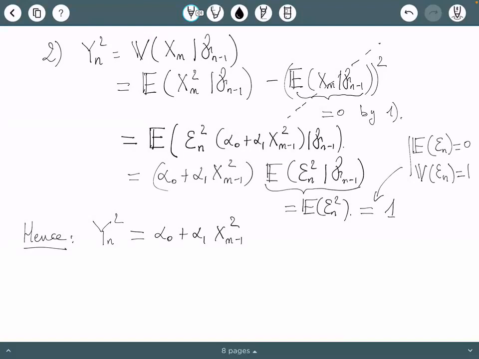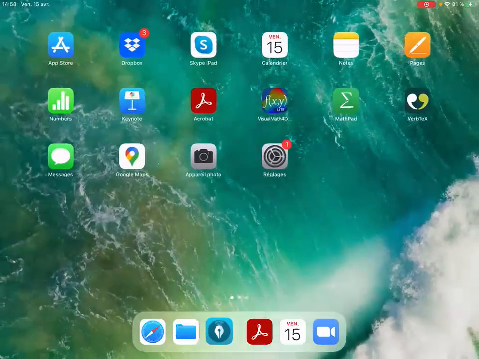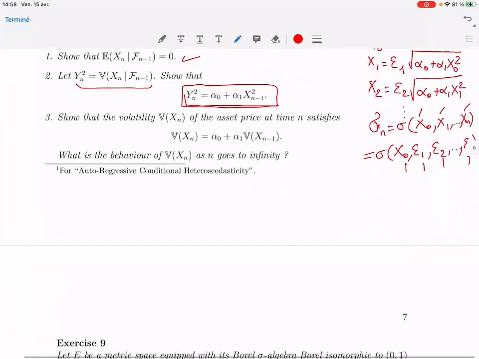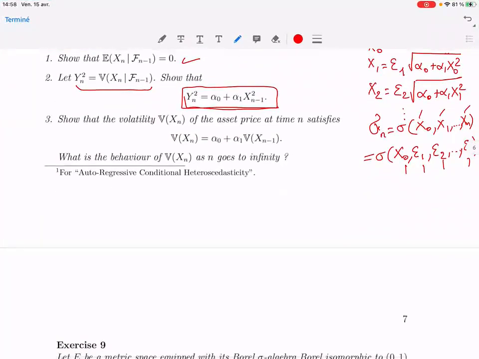So let us go to the next question. What is the next question? It is to show that the volatility, okay, volatility is a term used to denote the variance of the price in finance.